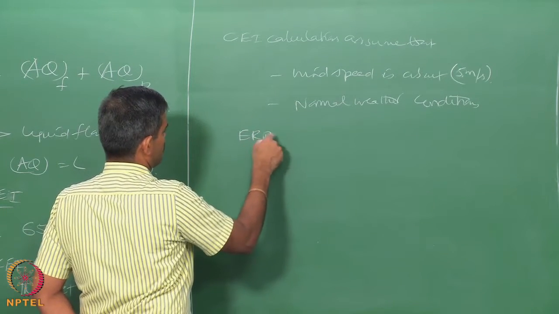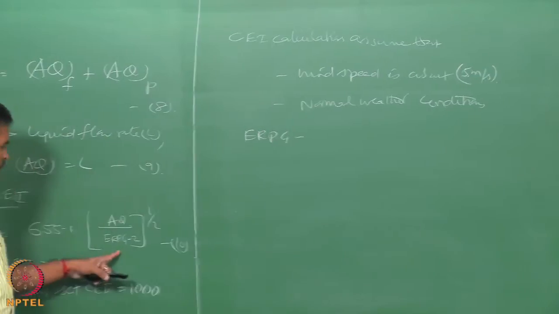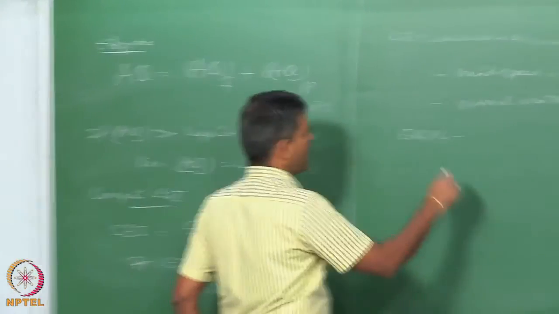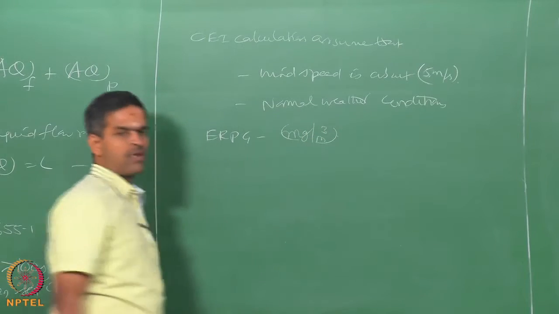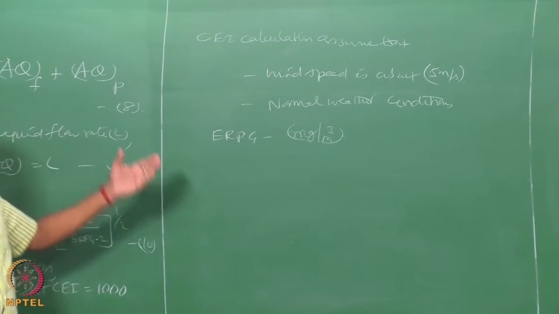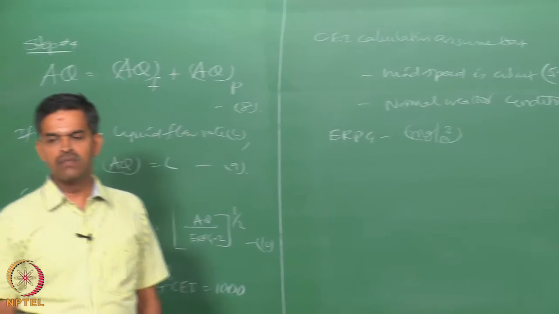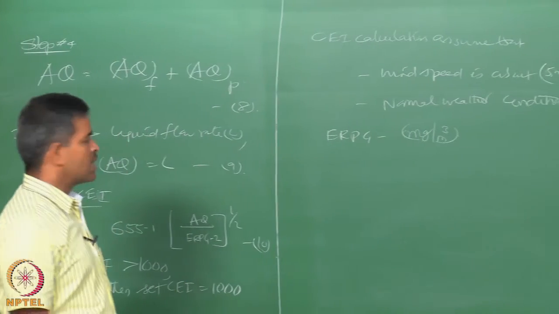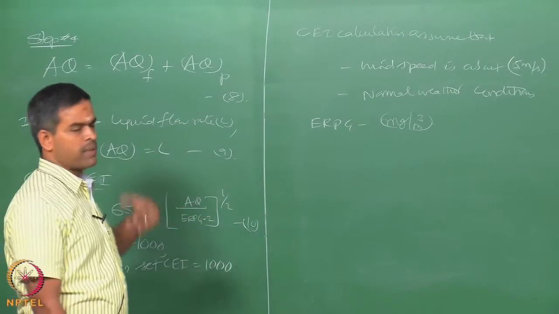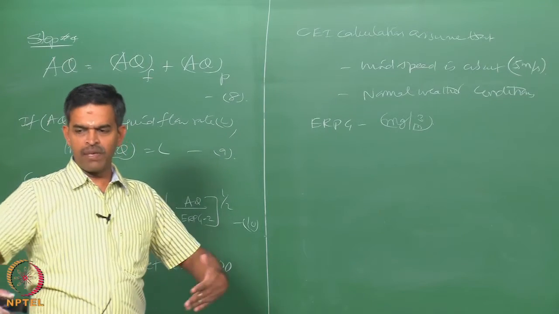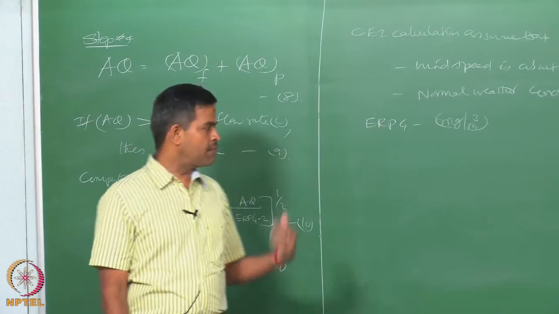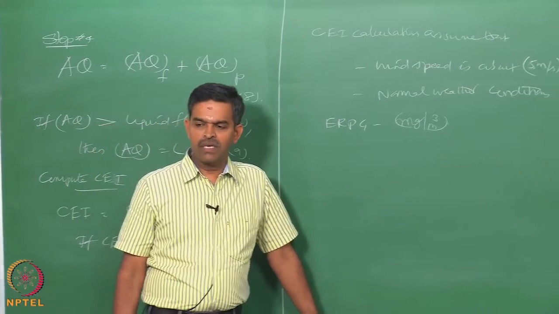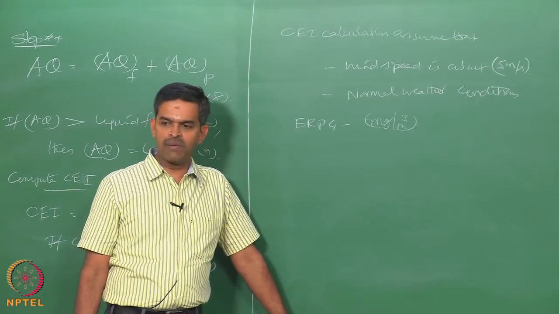The ERPG value we substitute here must be in milligram per cubic meter, because ERPG may be given in other forms of concentration also. ERPG is nothing but the concentration which can be sustained by an exposed person for a specific period of 60 minutes, with either no damage, no irreversible damage, or reversible damage but not a fatality.